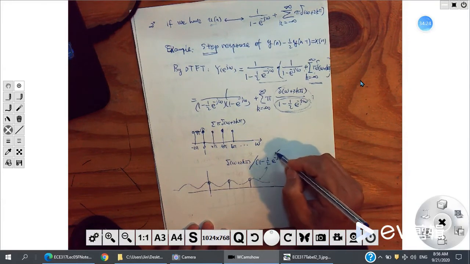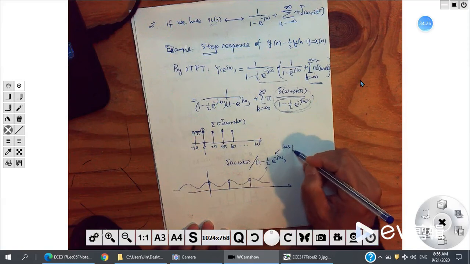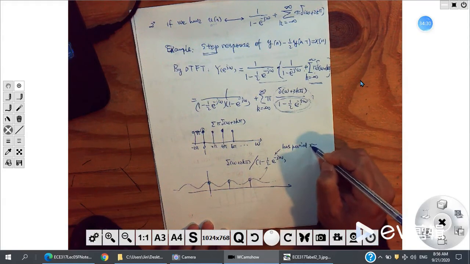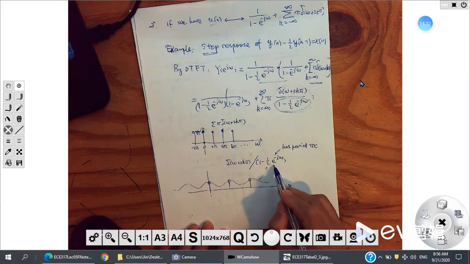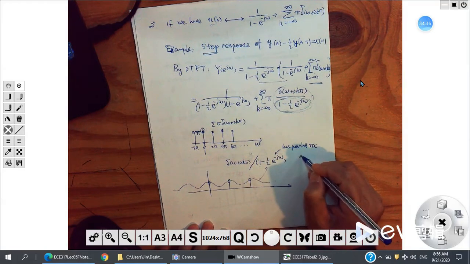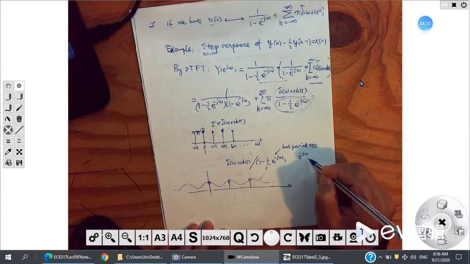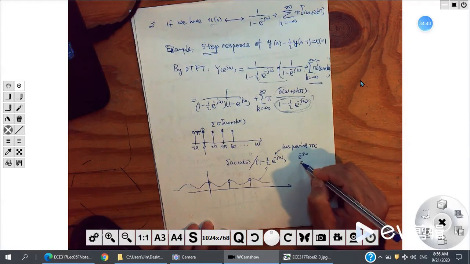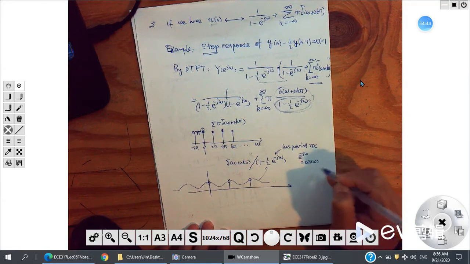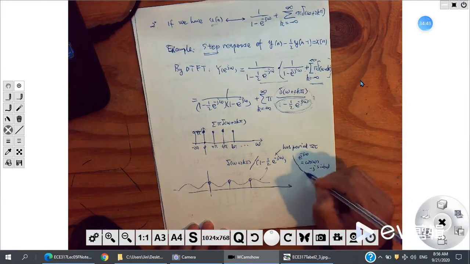And this one has period 2 pi, so it is periodic, because e to the negative j omega equals cosine omega minus j sine omega, right?